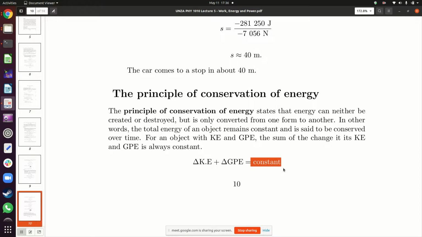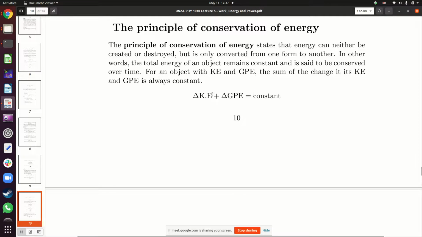If your kinetic energy increases and your gravitational potential energy reduces, you end up having zero all the time. If your kinetic energy increases, it might mean that you're losing gravitational potential energy. If your gravitational potential energy increases, then most likely you are slowing down. That's how you end up having something which is always constant.